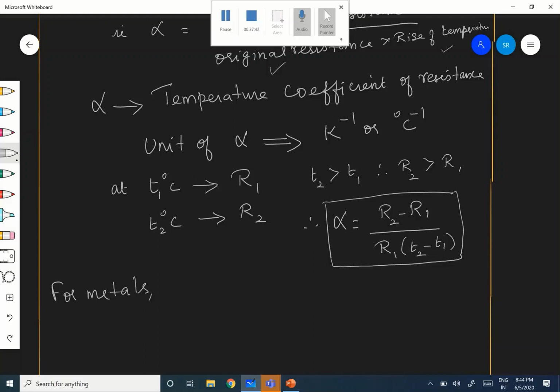Therefore, R2 minus R1 is positive, and T2 is larger than T1. Therefore, the temperature coefficient of resistance alpha is positive for metals.